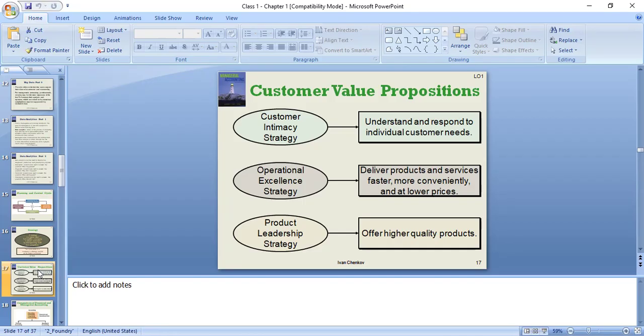So what they're doing is they're collecting, understanding, and responding to our individual customer needs. That's why when you open your email, on the right side, you're seeing all the promotions for what you were searching on your cell phone two days ago. That's their strategy.